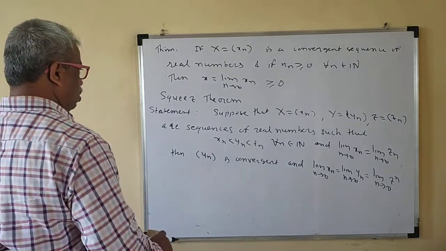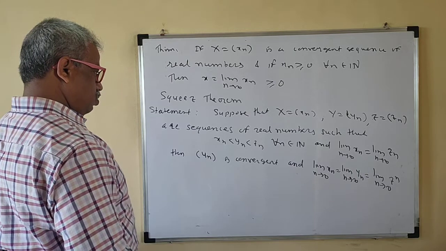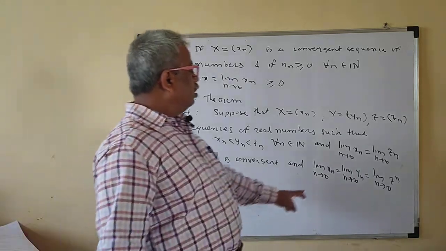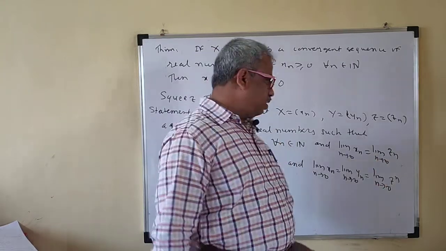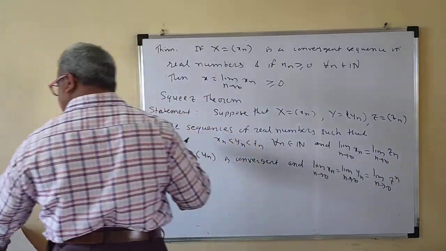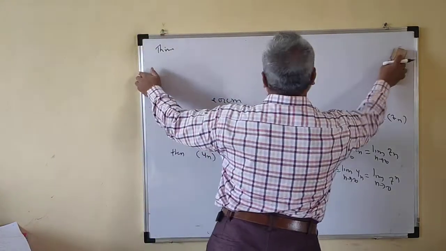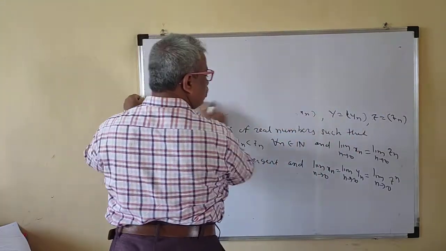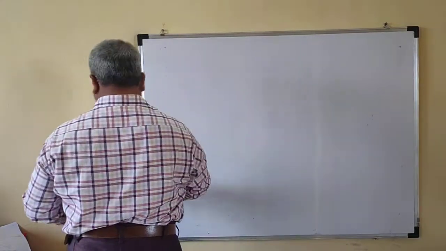Okay, so what we are given is the limit of xn and the limit of zn, so that we have provided. We'll prove it.